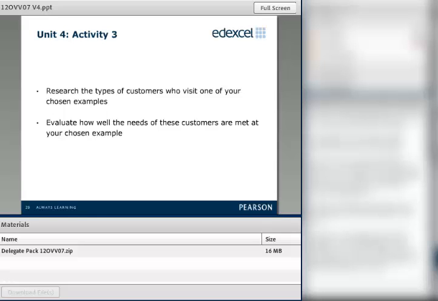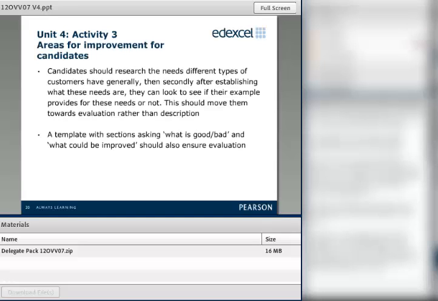Now, when they're researching the needs, it would be good if they establish what those needs could be generally, regardless of where the customers are going. So what sort of needs would people with special needs have generally, regardless of visiting Alton Towers or the local leisure centre?